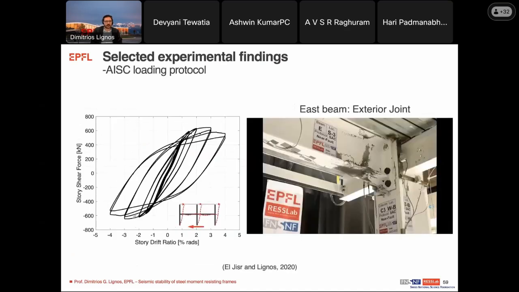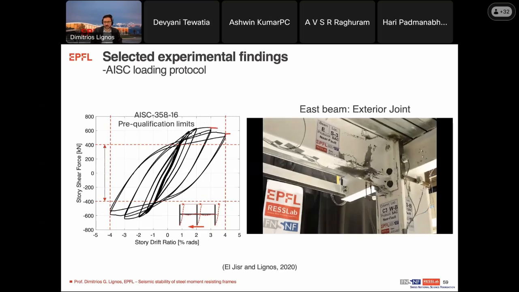So this is an example from the first protocol. So you see here that, if you're looking at 4% drift limit, our frame respects the pre-qualification limits very easily. In fact, you see that we haven't lost much of the total shear resistance.